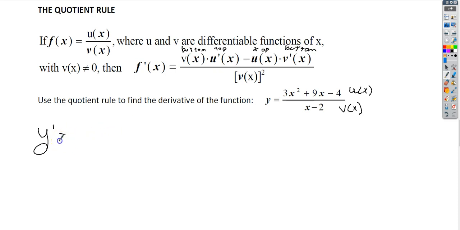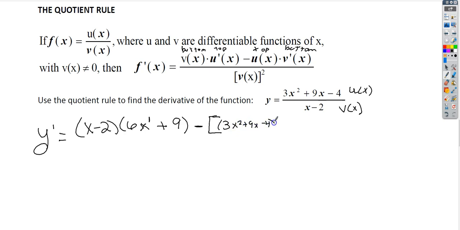Okay, so the bottom we leave alone, and then we do the derivative of the top. So 6x to the first, it's got to subtract 1, plus 9, minus. Now, all of this has to go together, so that's why I'm going to put this bracket here. So the top, 3x squared plus 9x minus 4, times the derivative of the bottom.